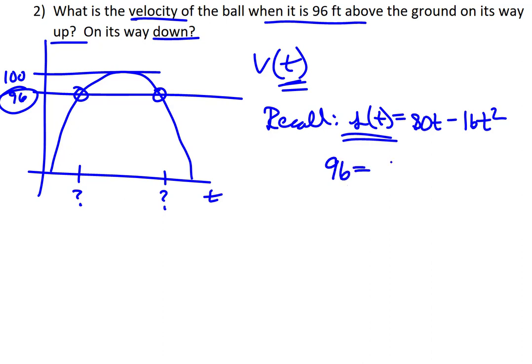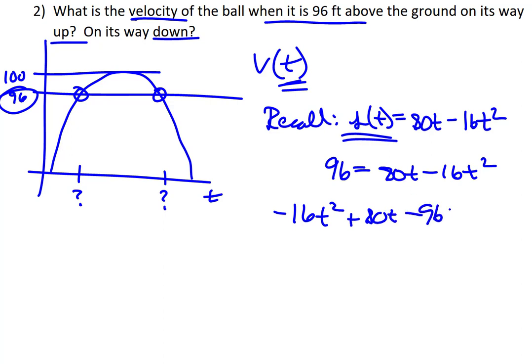So we're going to set 96 as the value of the position, and that will equal 80t minus 16t squared. Now we're going to solve this. This is just some algebraic quadratic equation solving. We could get everything on one side, which would mean negative 16t squared plus 80t minus 96 equals 0.